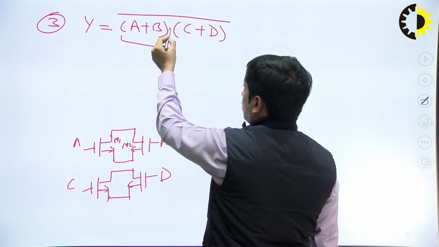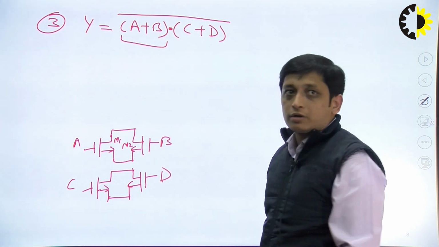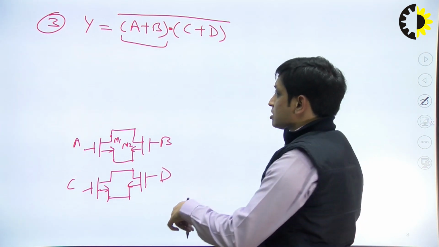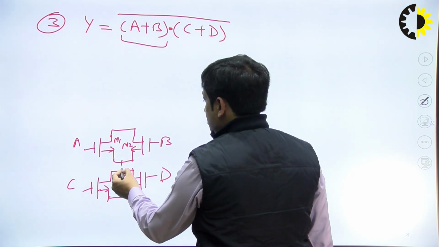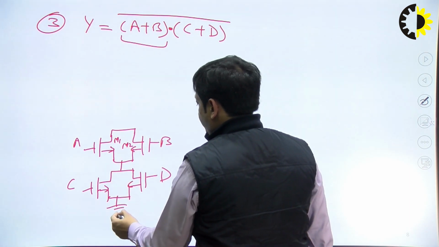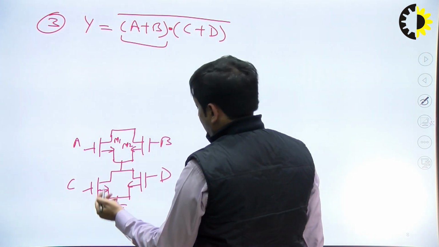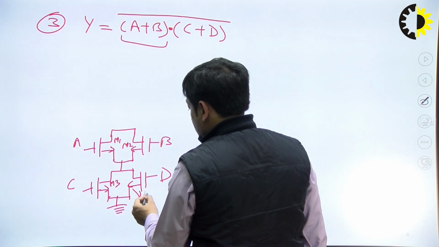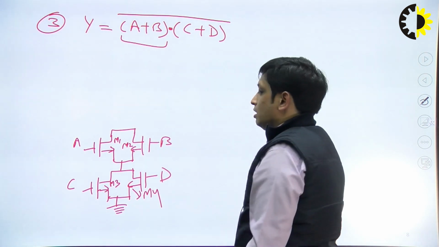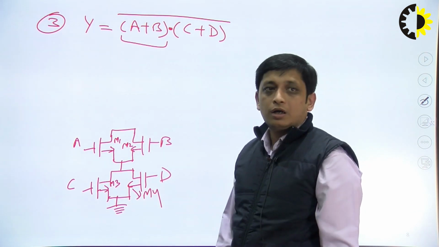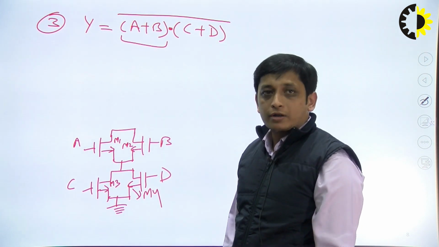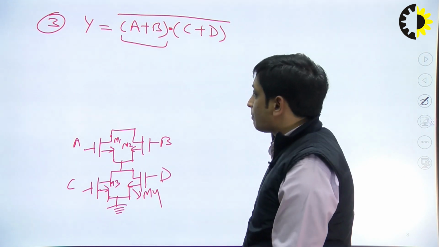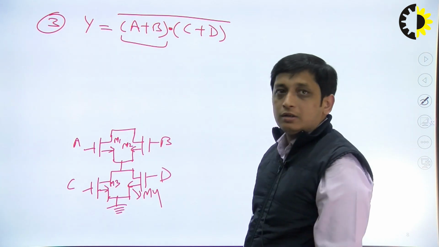And since there is a dot, these 2 sections will be in series, and the source of NMOS will be connected to ground. Let's take this transistor M3 and this one is M4. So up to now I have drawn the pull down network. Now to draw the pull up network, you can understand it.